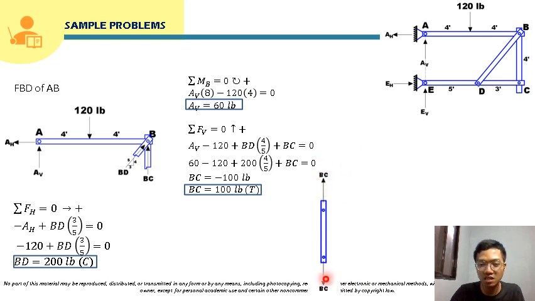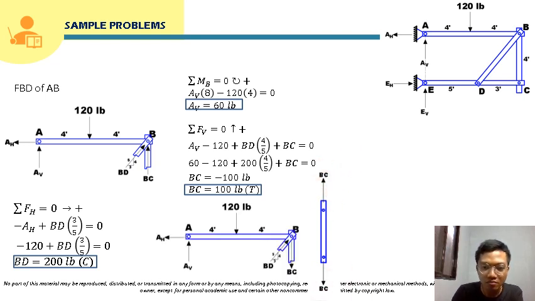Also, if we redraw the free body diagram of member AB, BC should be acting away from the joint, no? Since it is in tension, it should be redrawn this way.